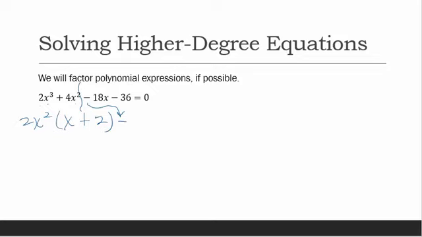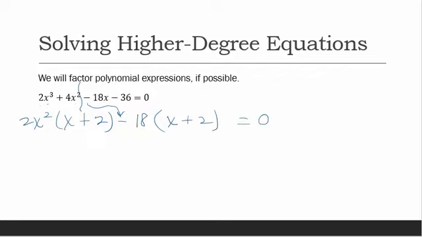And then 18x and 36 have an 18 in common. Really, I'm going to pull out a negative 18. And so negative 18x divided by negative 18 is x, and negative 36 divided by negative 18 is positive 2.